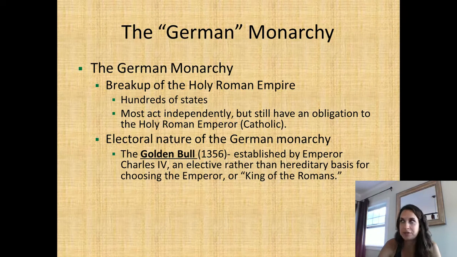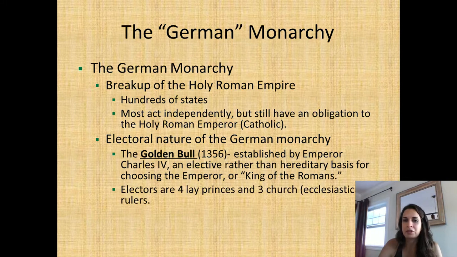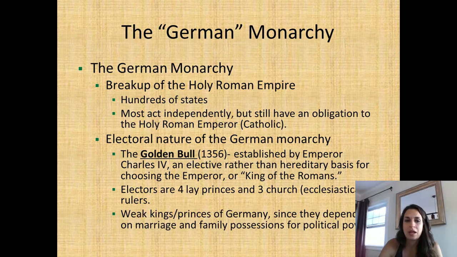Again, very confusing because this is not anywhere near actual Rome at this point. The electors were 4 princes, usually German, and 3 church or ecclesiastical rulers, usually bishops or archbishops, who lived within the Holy Roman Empire.